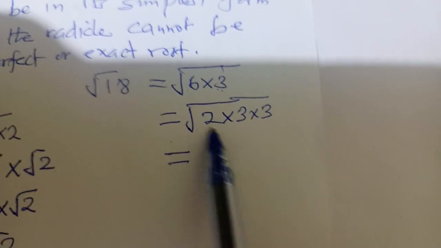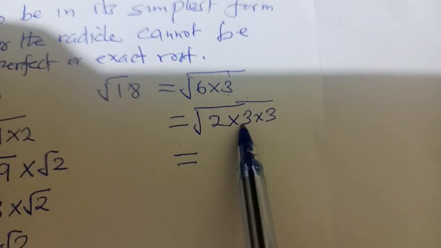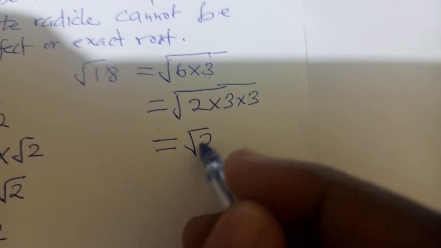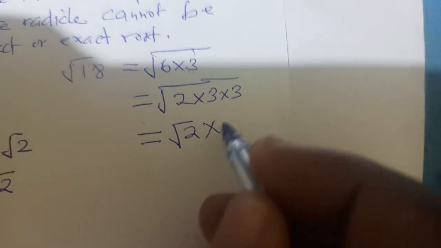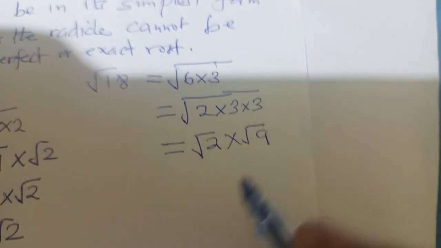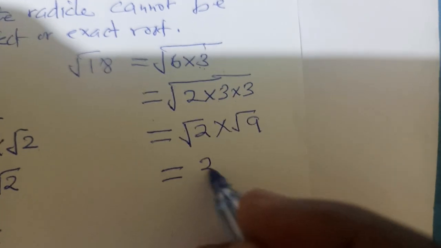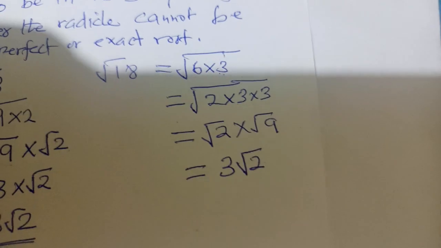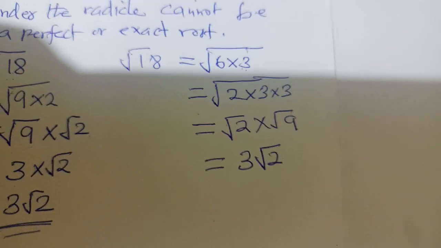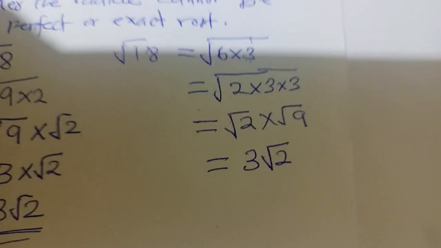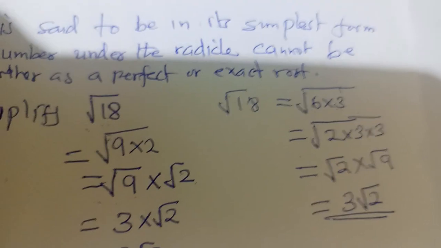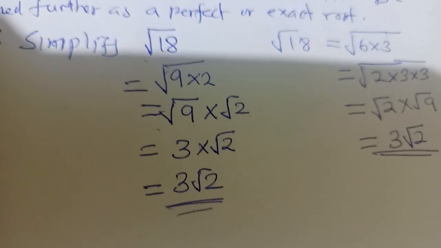And then again, you have 2 multiplied by 3 multiplied by 3, which still gets us to what we had earlier, root 2 times root 9. And in this case, we have 3 multiplied by square root of 2. And square root of 2 is a surd because it's not an exact square root. So this is the simplified form of root 18.